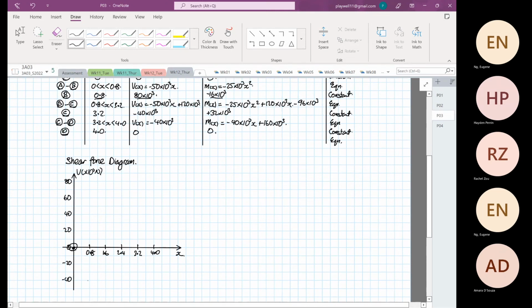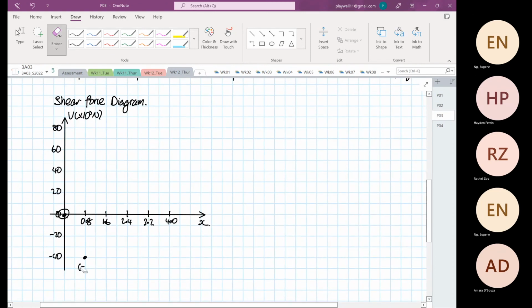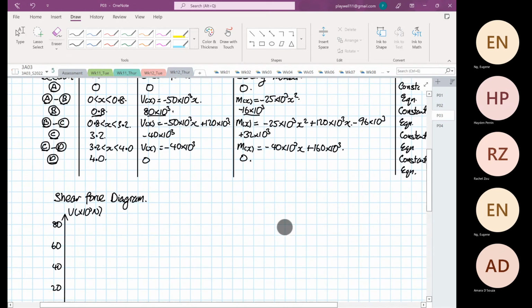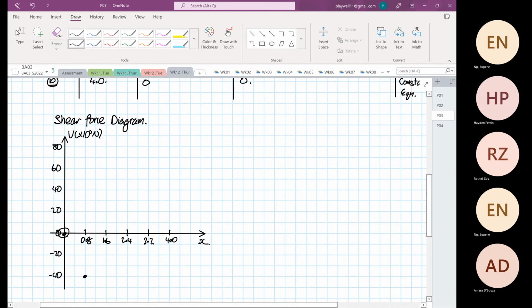If you were to plot this out at 0.8, you will have minus 40. And how do you get minus 40? The equation is minus 50 times 10 to the power 3 multiplied by 0.8, which is equal to minus 40. So this is your line.